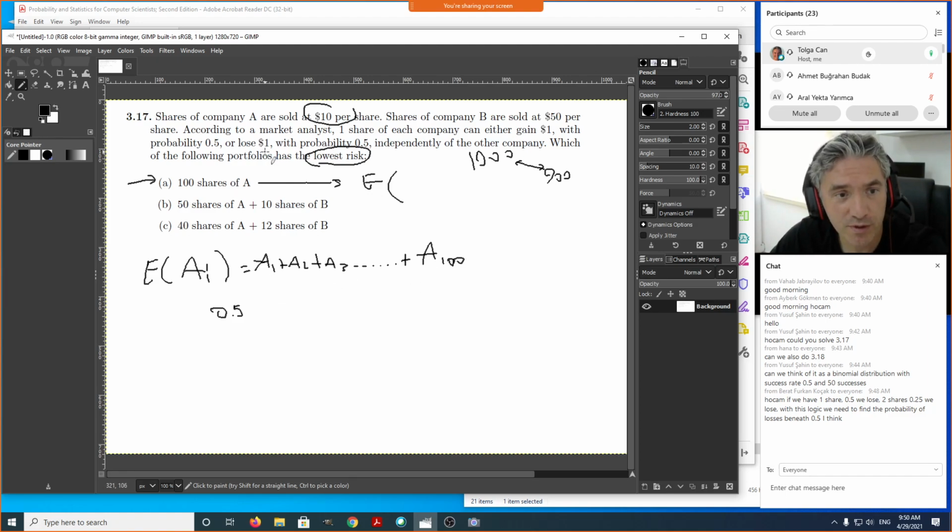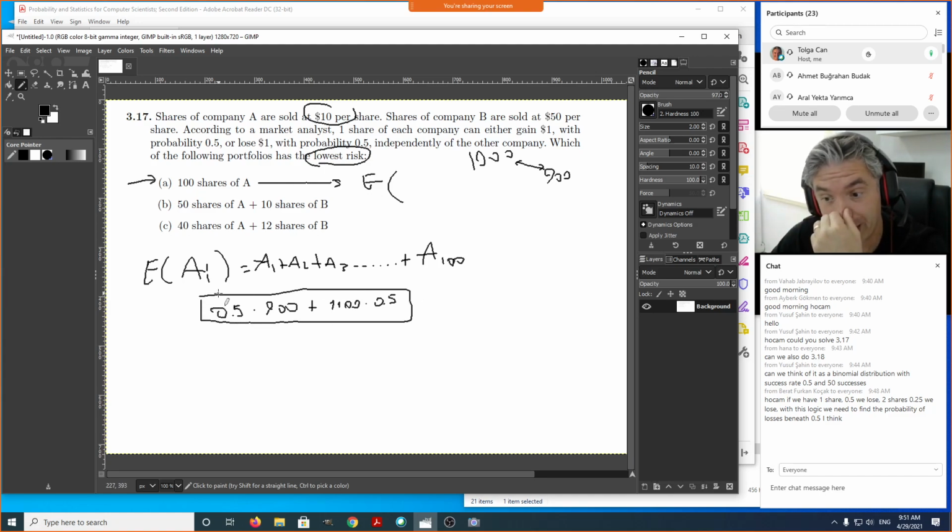So if each one loses $1, the total is $100, so at the end it's going to be $900 with 0.5 probability and $1,100 with 0.5 probability. So we just treat it as the whole shares.